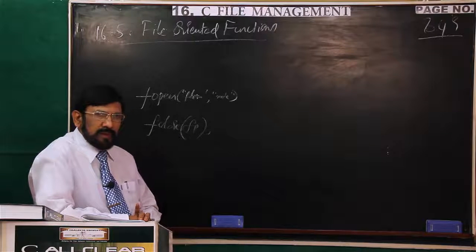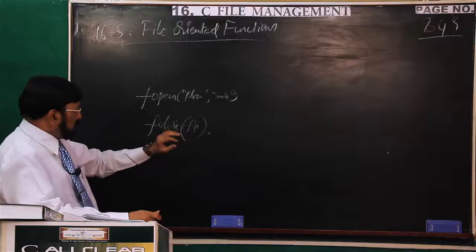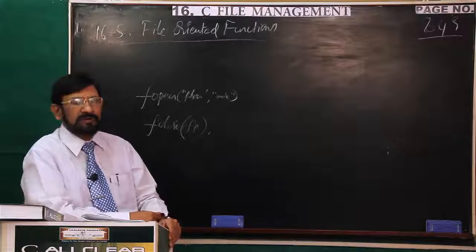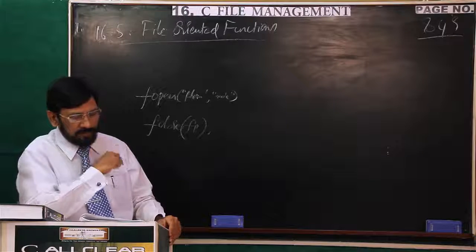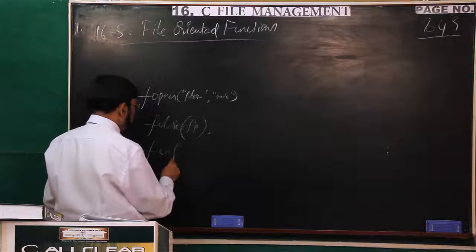That is the right practice. If it is formally closed, then it is handed over to the operating system, and the operating system can allocate that file to some other purpose. Understand? Always remember.